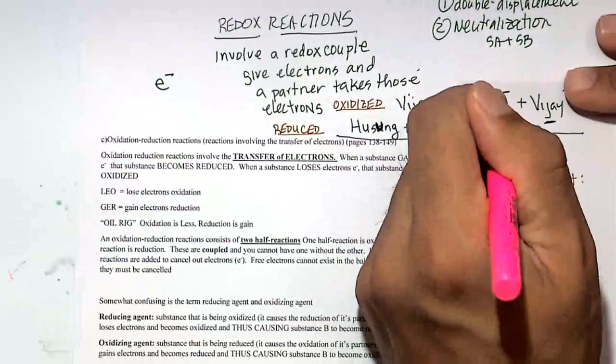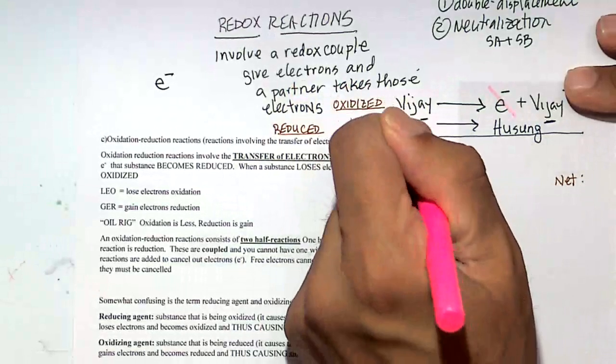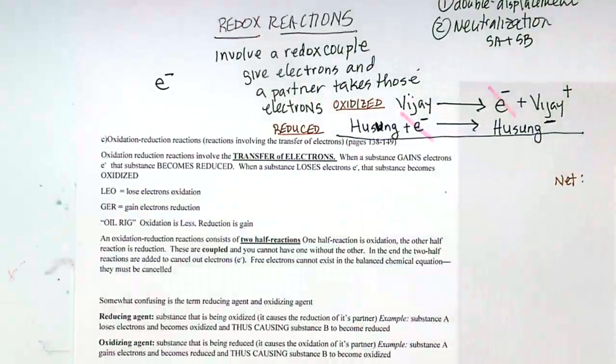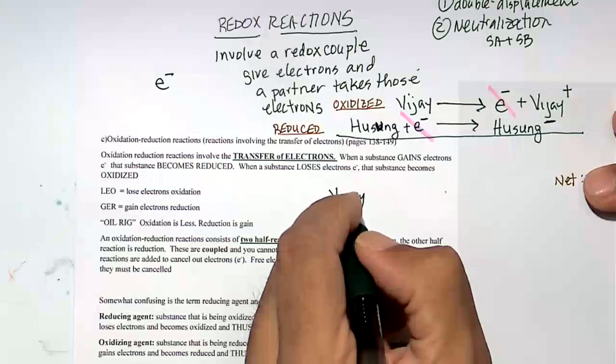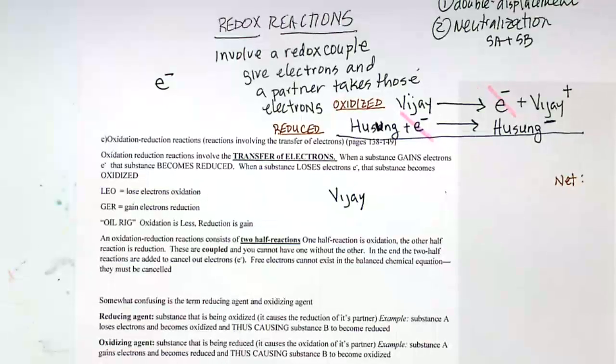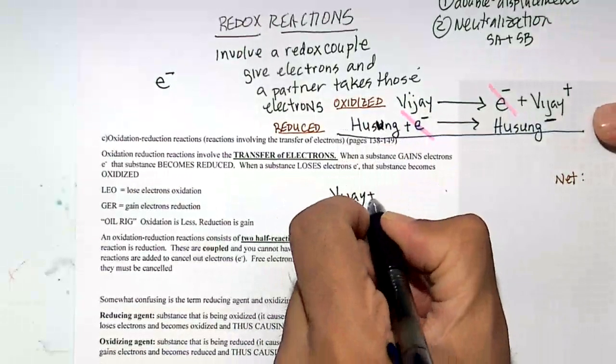So this 1 electron that I give away, he takes it, so they cancel each other out. So what are we left with? We are left with VJ plus, you're blue, right?